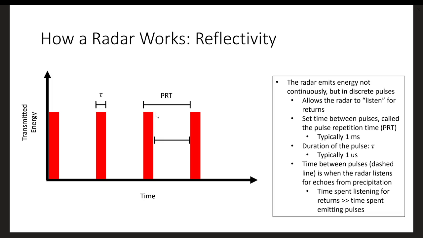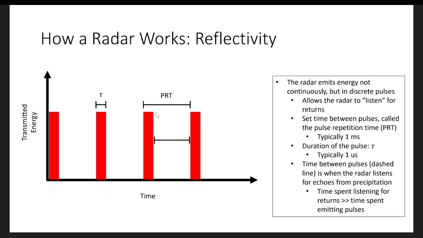And then they use this symbol tau, which just looks like a T, and that's the duration of the pulse. Typically, I think that's supposed to be micro. So yeah, 1 microsecond for each pulse, which is 10 to the negative 6 seconds.